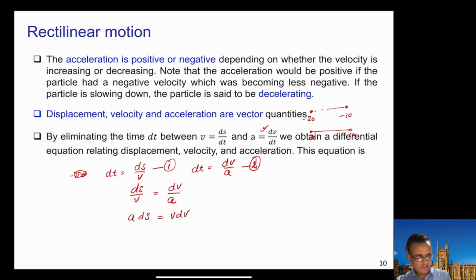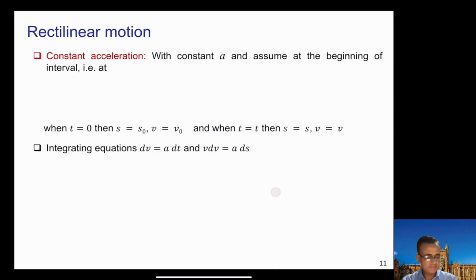Again, this is an important equation, and you can also write it as s double dot, the second derivative of the displacement, into ds, and on the right hand side the velocity is s dot and then dv. So again, this equation is important, and sometimes you will use it to solve numerical examples.